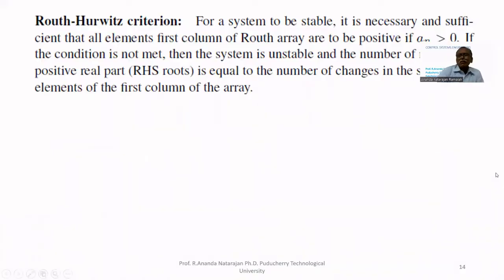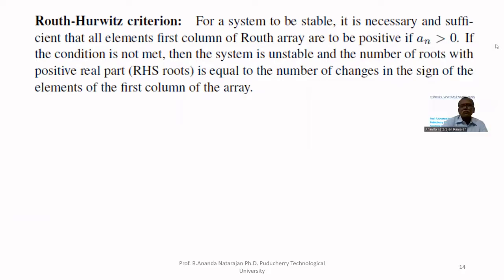So there is a procedure to find the location of poles, whether it is on the right hand side, left hand side, or on the j omega axis. For that, there is a criterion called the Routh-Hurwitz criterion. Let us see that. The Routh-Hurwitz criterion says that the first column of the Routh array can say the location of poles.